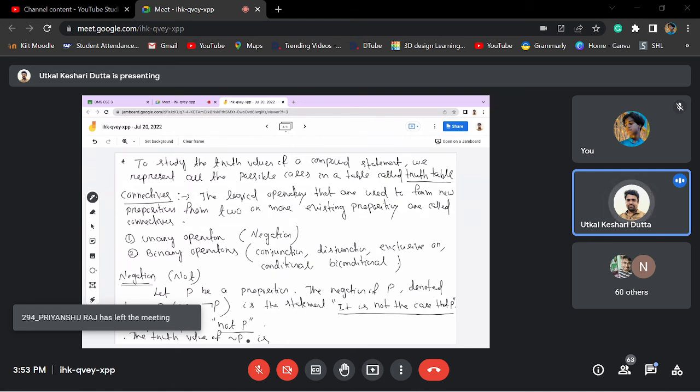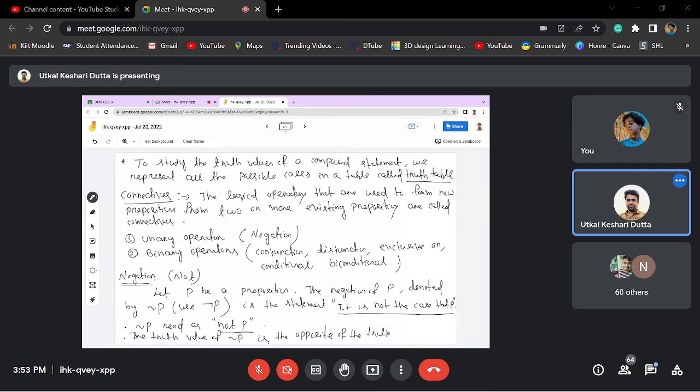If P is true, then the negation will be not true, and not true means false. That means the truth value of the negation of P is the opposite of the truth value of P. These are very simple things.